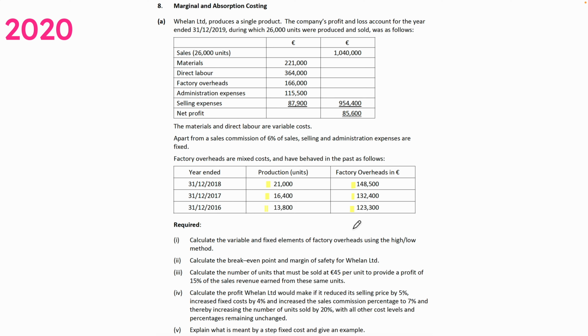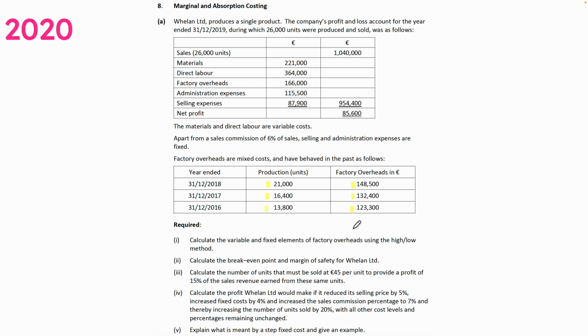Calculate the profit Whelan Limited would make if it reduced its selling price by 5%, increased fixed cost by 4%, and increased the sales commission percentage to 7%, and thereby increased the number of units sold by 20%, with all other cost levels and percentages remaining unchanged. And part 5, explain what is meant by a step fixed cost and give an example.